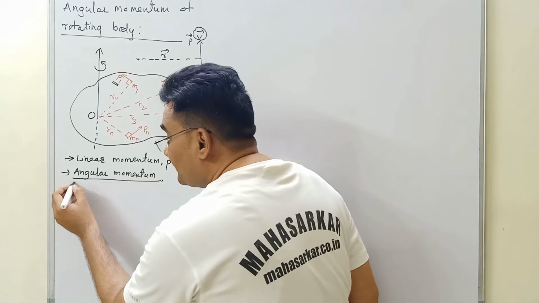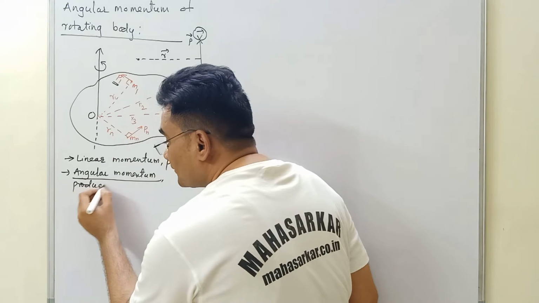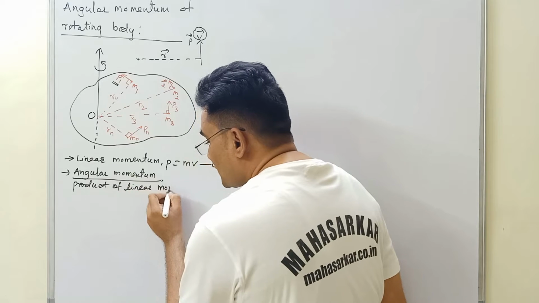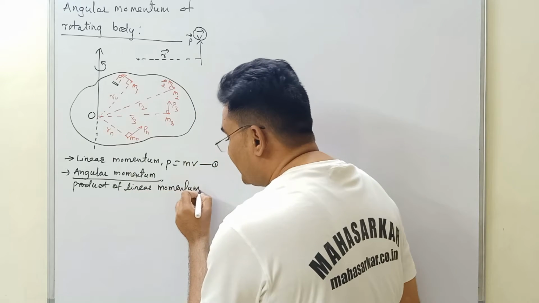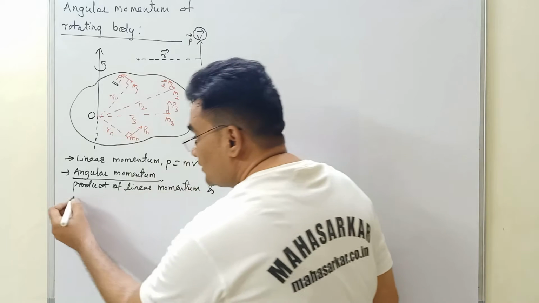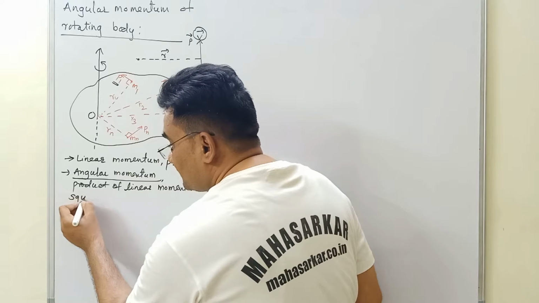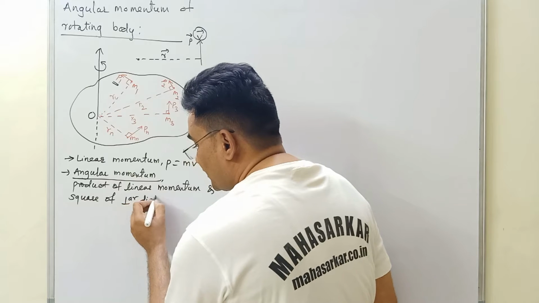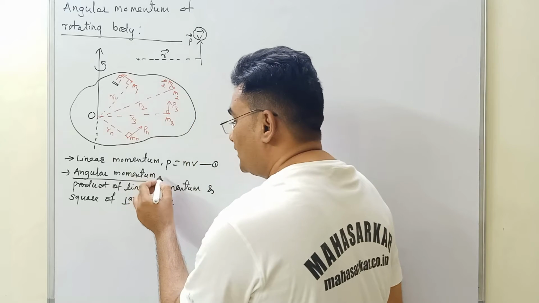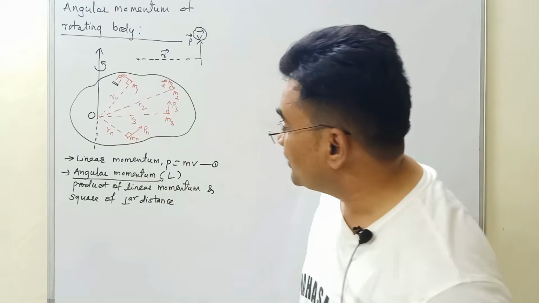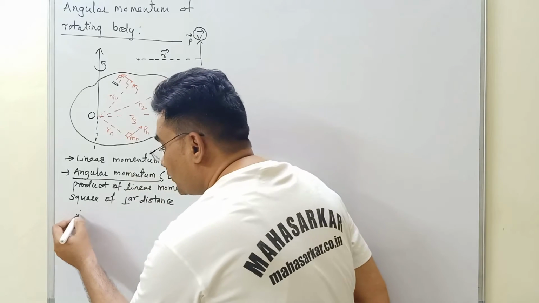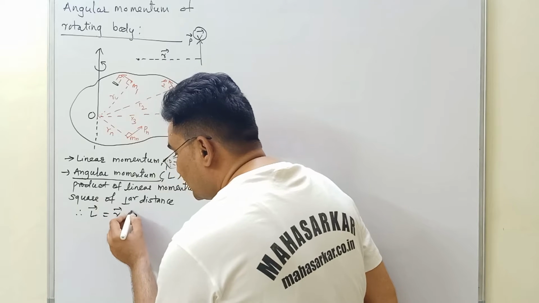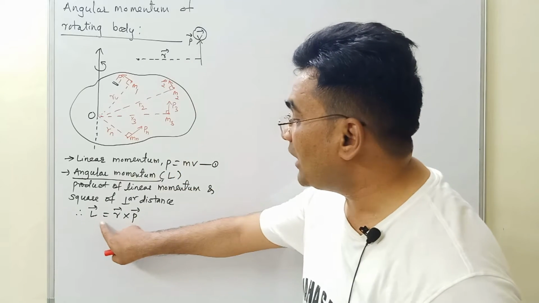Therefore, angular momentum is defined as the product of linear momentum and perpendicular distance. In vector form, angular momentum can be written as vector L equal to r cross p.